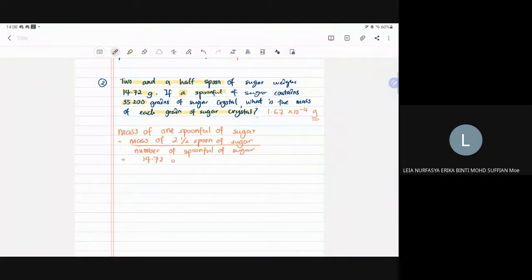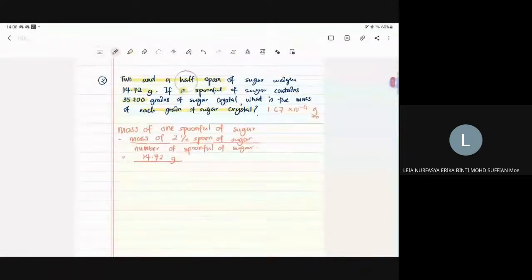Okay, so mass ni kita ada, so the mass is 14.72 grams, and then bilangan sudu dia tu ada 2.5. Jadi untuk setiap satu, you divide it. So this is 14.72 divided by 2.5. You will get 5.89 grams per spoon.